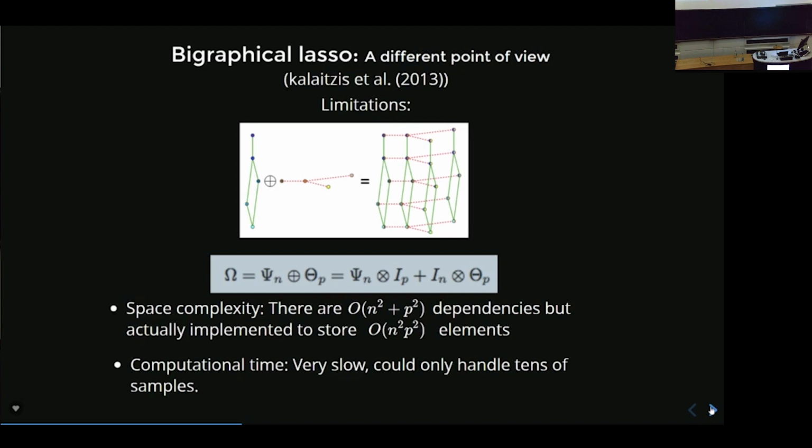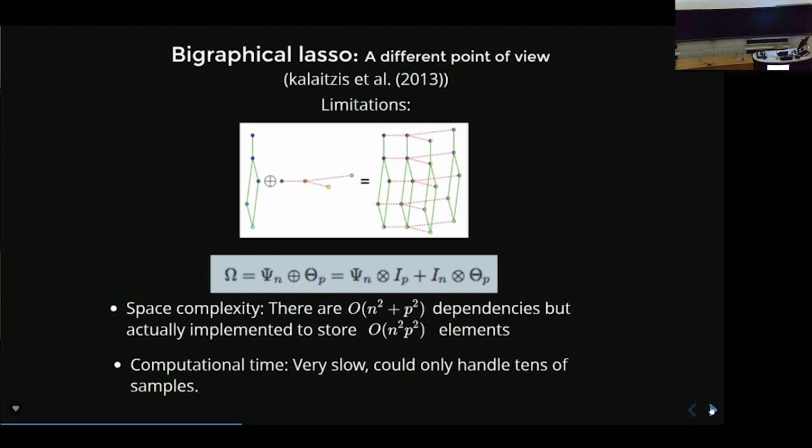Even if you are trying to infer n squared elements here and p squared elements here, the way the algorithm was implemented actually implied the memorization of this big matrix at every step. And also because there's a penalization factor here, an L1 here and L1 here, because we have to impose sparsity, there will be this penalty.